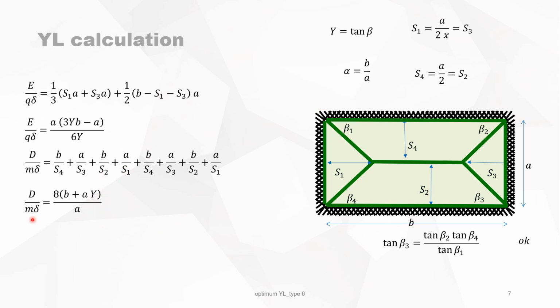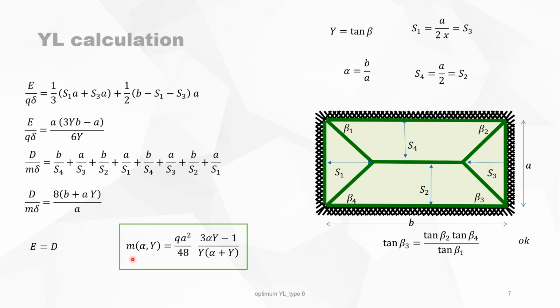Substituting the variables gives you this expression, or when E is equal to D, we obtain M, and M is then a function of alpha and y, the tangent of beta 1, and it has an expression like it is written here. Of course, we always have to check if this yield line pattern is realistic. So we check this equality and we find that it's okay.